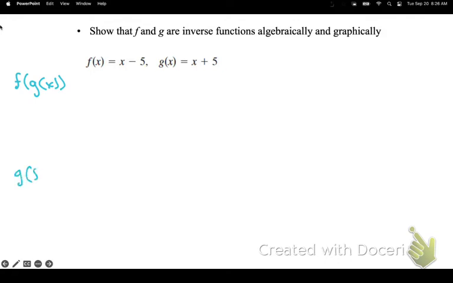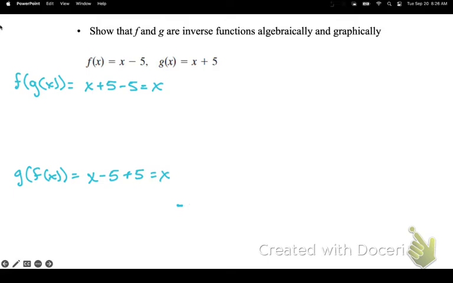So do it. Both of them? Oh, these were really easy, weren't they? So you get x plus 5 minus 5 gives you x. And then x minus 5 plus 5 gives you what? x. They are not all going to be that easy.